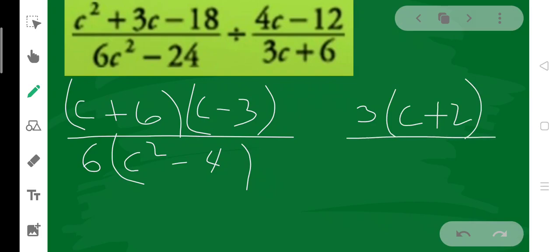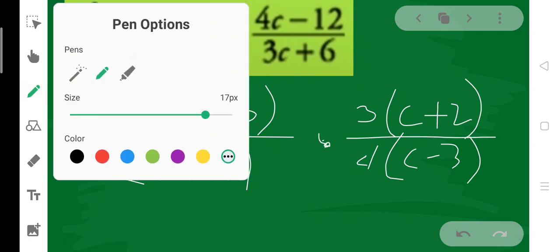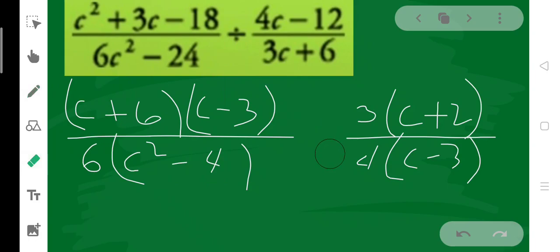Then the numerator becomes the denominator. In factored form, we have 4 times c minus 3. Then proceed to multiplication. Okay, so that's the multiplication symbol.